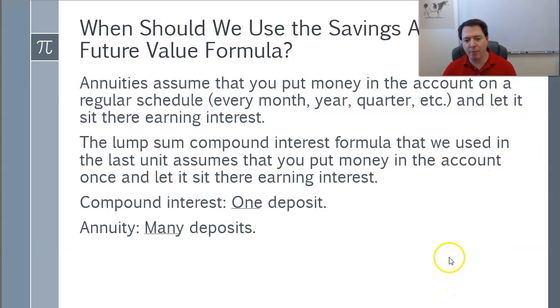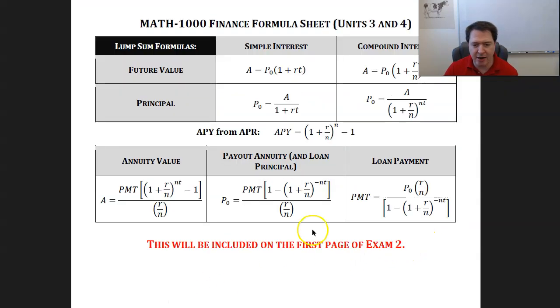So now let's talk about when we should use the savings annuity future value formula versus what we had last unit. If you look at the formula sheet that I've given us for units 3 and 4, I've got it all on the same sheet. This top table is all lump sum formulas.